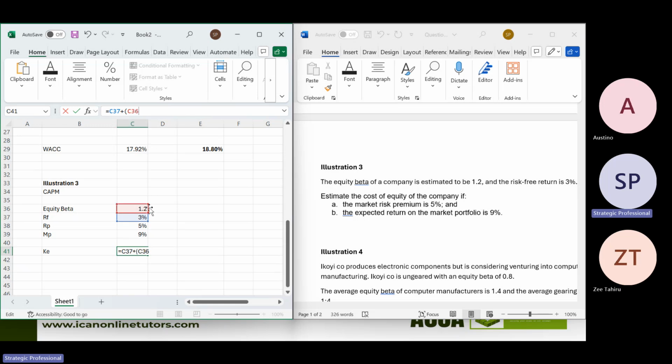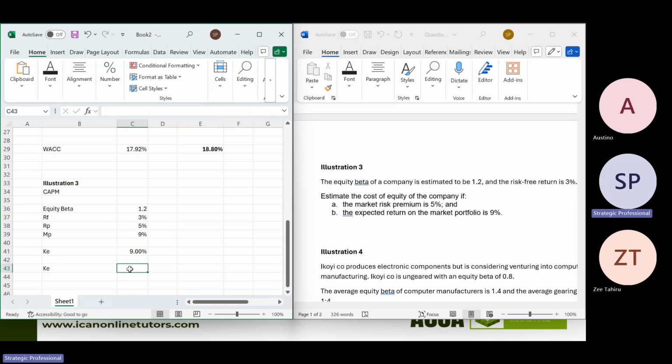Plus your beta multiplied by your market risk premium. This is the first way you can do it. And what do you get? You get 9%.